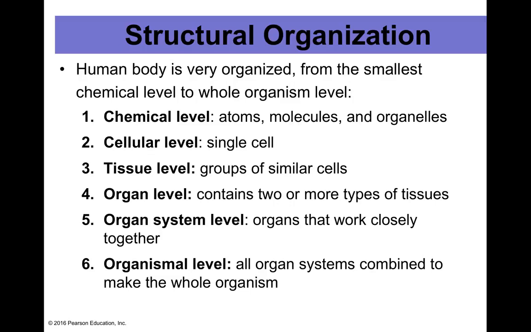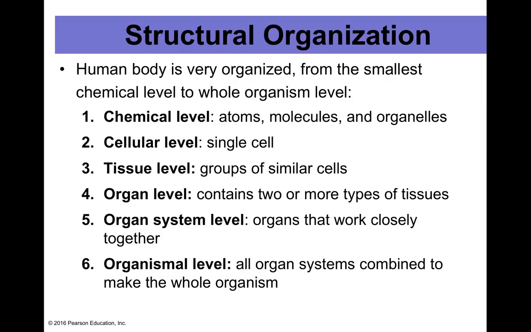And as the word chemical implies, we're talking about the smallest amount, at the level of chemistry. So atoms, molecules, and in some cases, if we combine atoms and molecules together, we get something called organelles. These are really small, not visible with the naked eye. And again, this is at the chemical level.